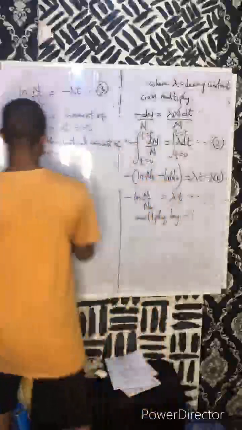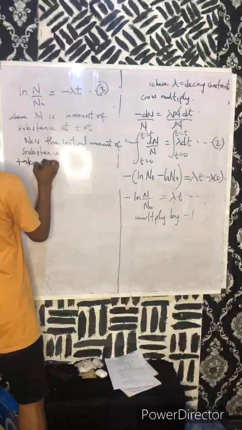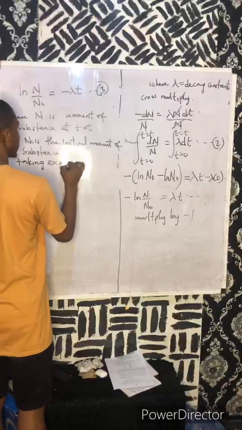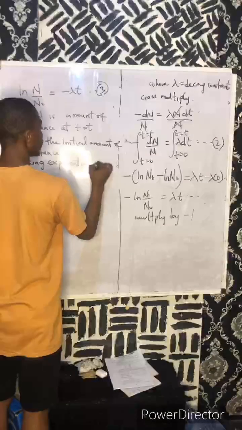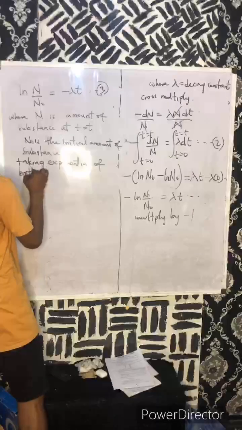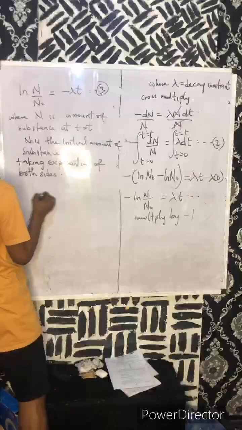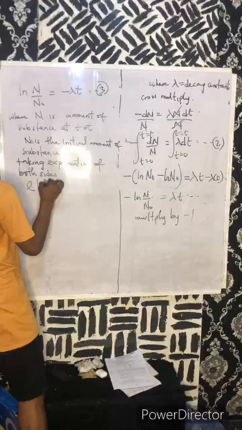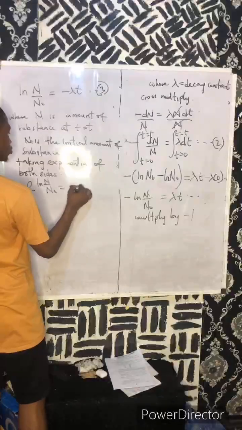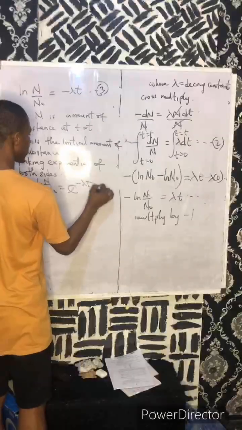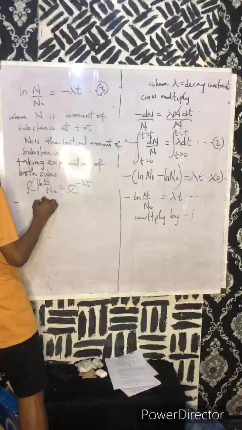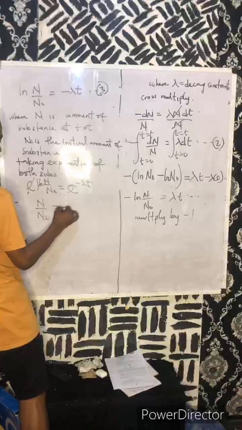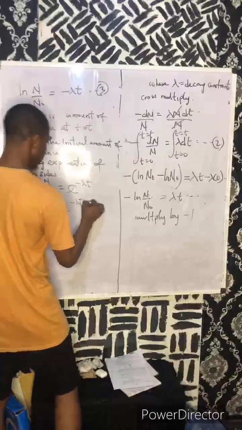Now, taking exponential of both sides will give you exponential ln n over n naught equals exponential minus lambda t. Exponential cancels ln, so you have n over n naught equals exponential minus lambda t.